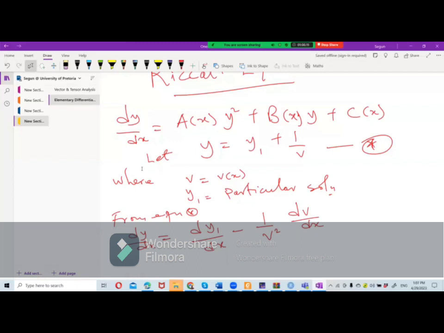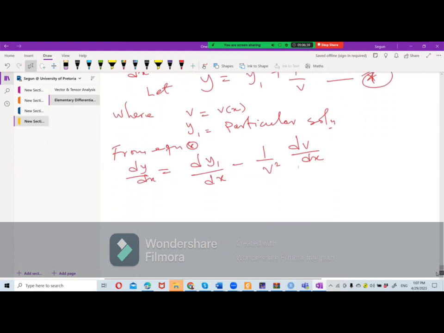Please always remember that in this case so many things are involved. I'm using implicit differentiation on v with respect to x. Like I told you, v is a variable of x, v of x. So take note of that.